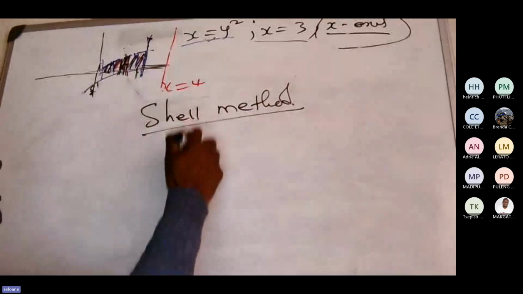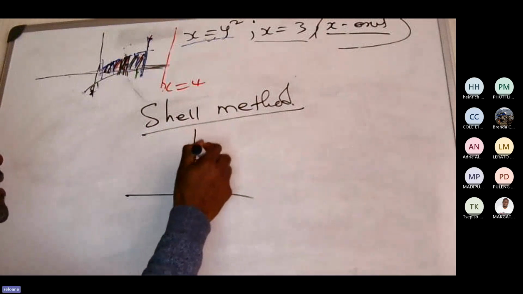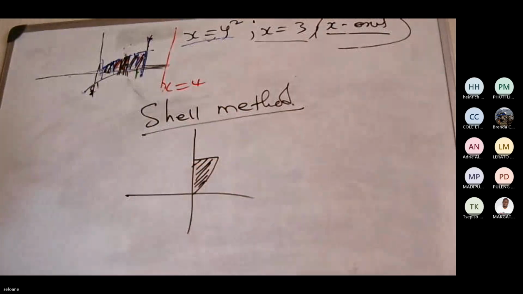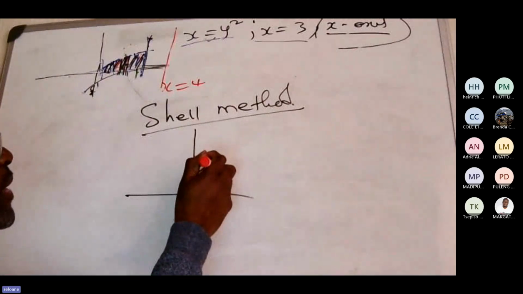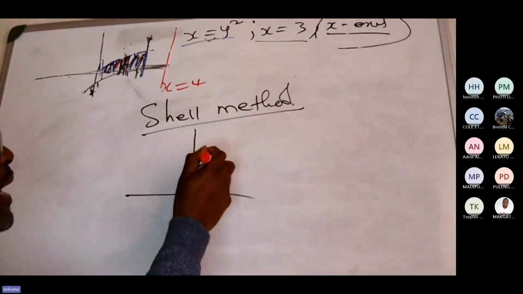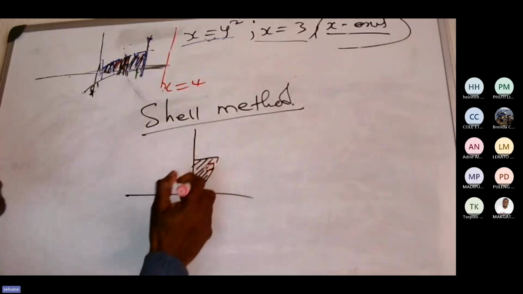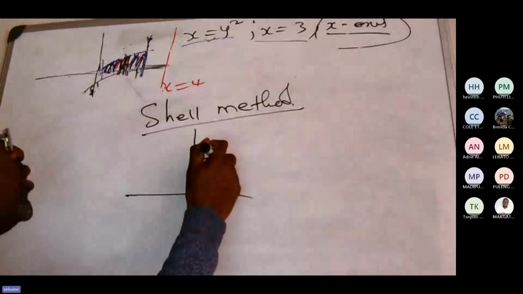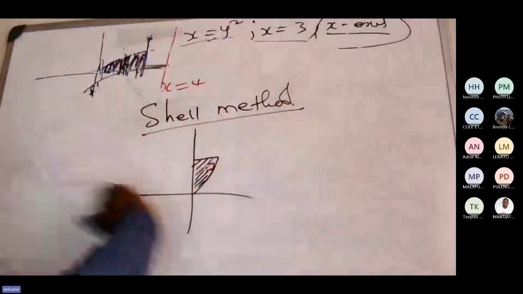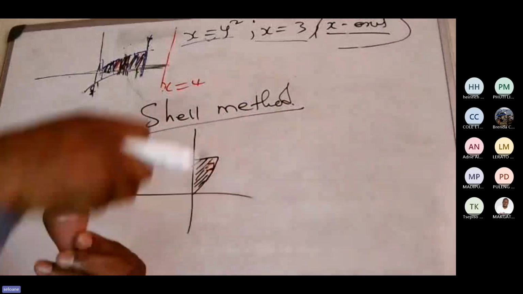You have this region. And then the next thing is, you just cut here, you pull here, somewhere here. Then you pull, because it will be like this.